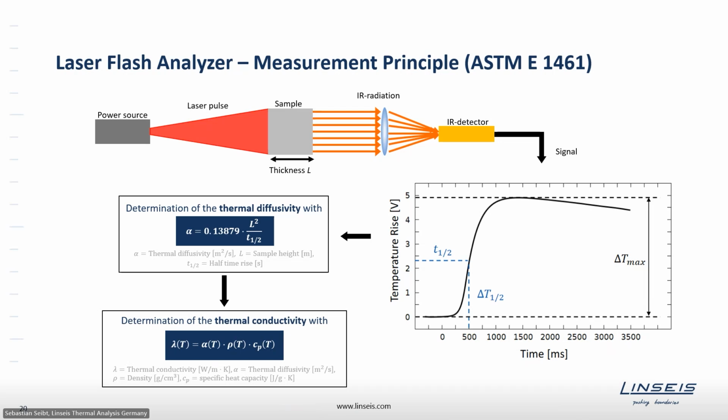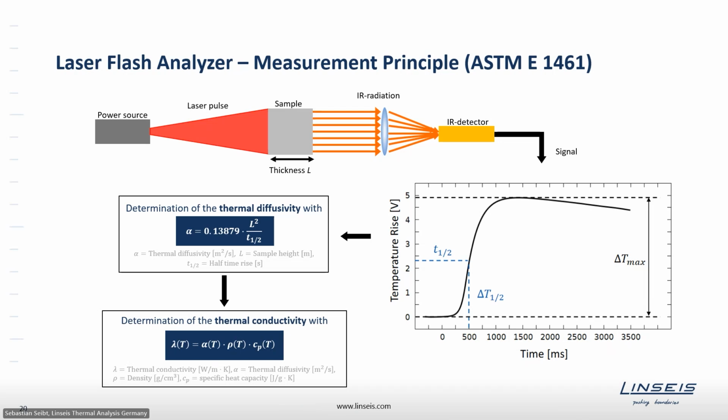Of course, typically one is not interested in the thermal diffusivity, but mainly in the thermal conductivity of a material, and to obtain that, one just uses the formula on the bottom of the slide, where you can see that the thermal conductivity, the lambda, is the product of the thermal diffusivity, the density, and the specific heat capacity.